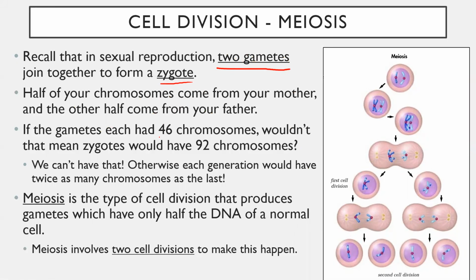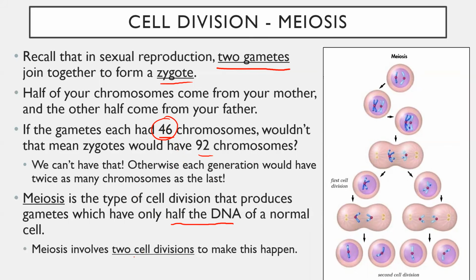If gametes have the full 46 chromosomes, that would mean a zygote would have 92, 46 times 2, right? We wouldn't want that. A human being needs to have 46 chromosomes in total. So bottom line is meiosis has to cut all of the chromosomes in half so that there's only 23, so that 23 get passed from a mother and 23 get passed from a father.